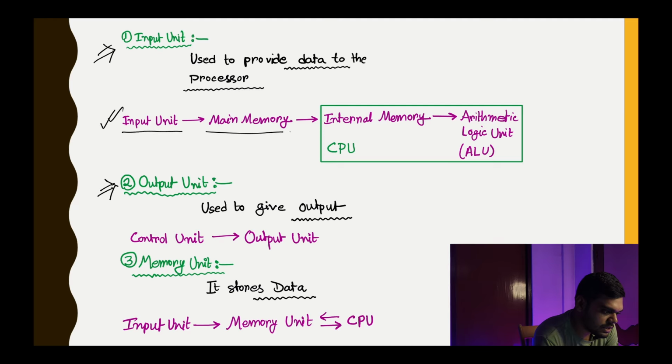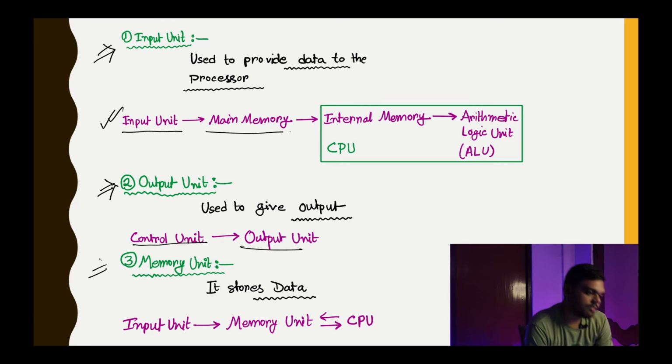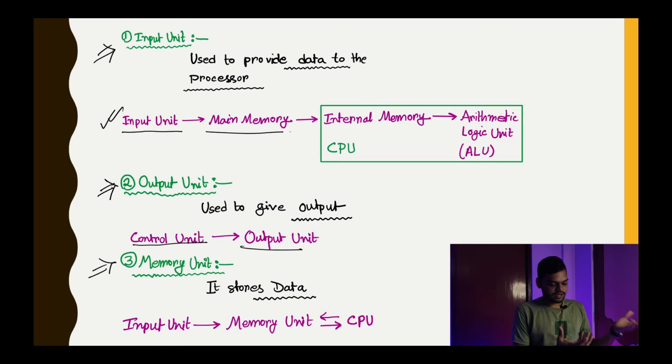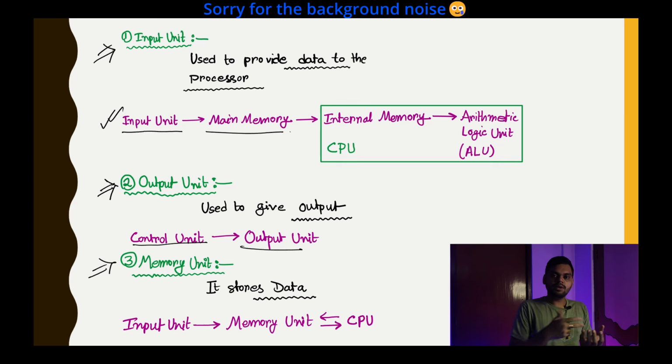So here you can see the control unit and the output unit. The chart is there. And now we have the memory unit. The memory unit stores data. Okay, let's take an example. Again, we are giving some input to the input unit. The input unit stores data to the memory unit, and after the data is stored, the CPU accesses the data from the memory unit.